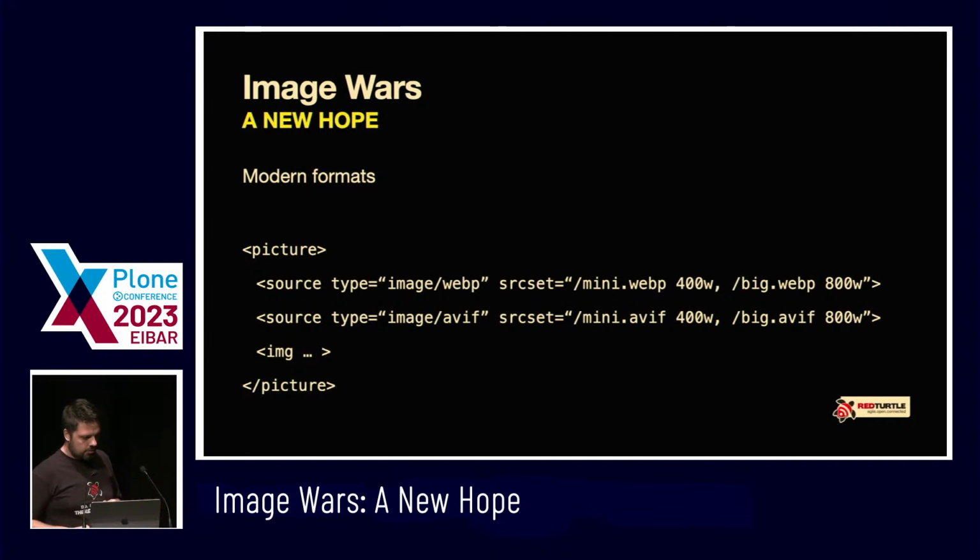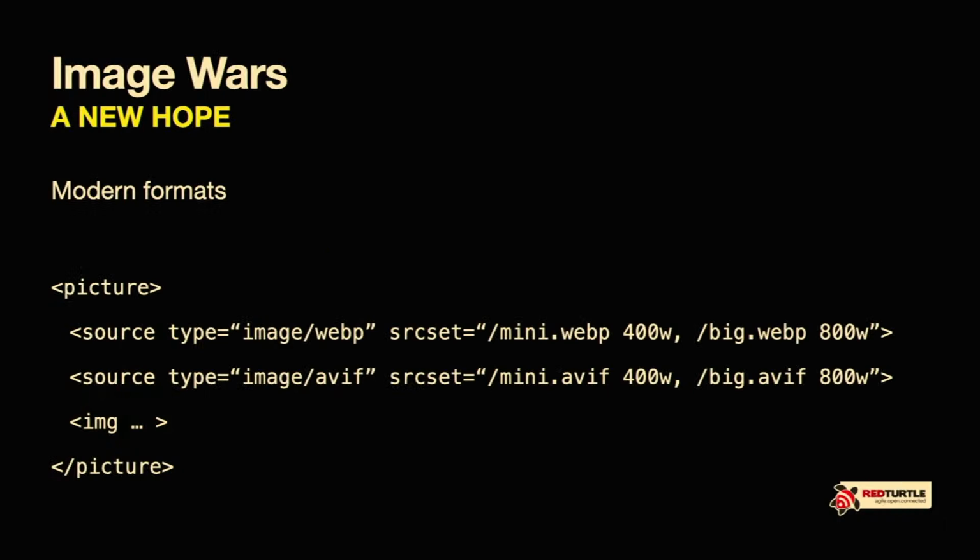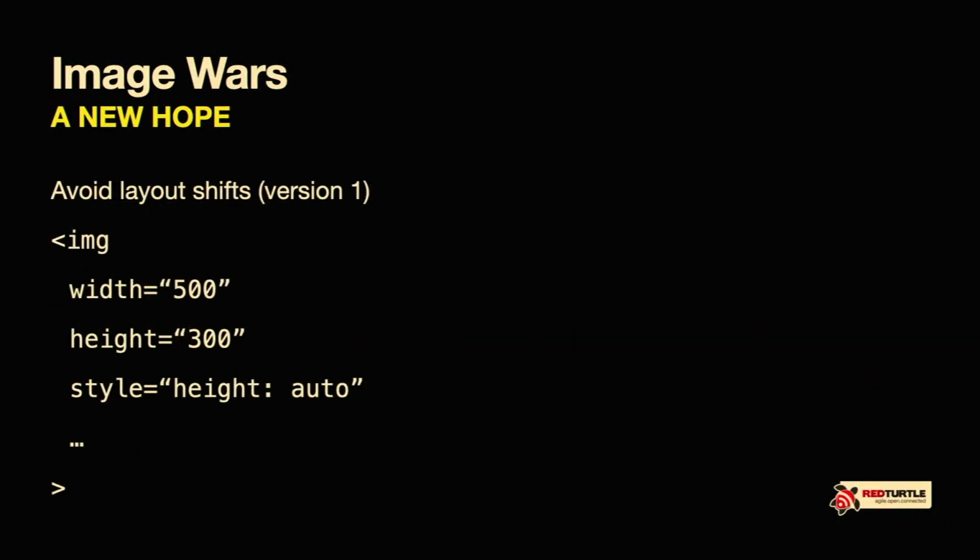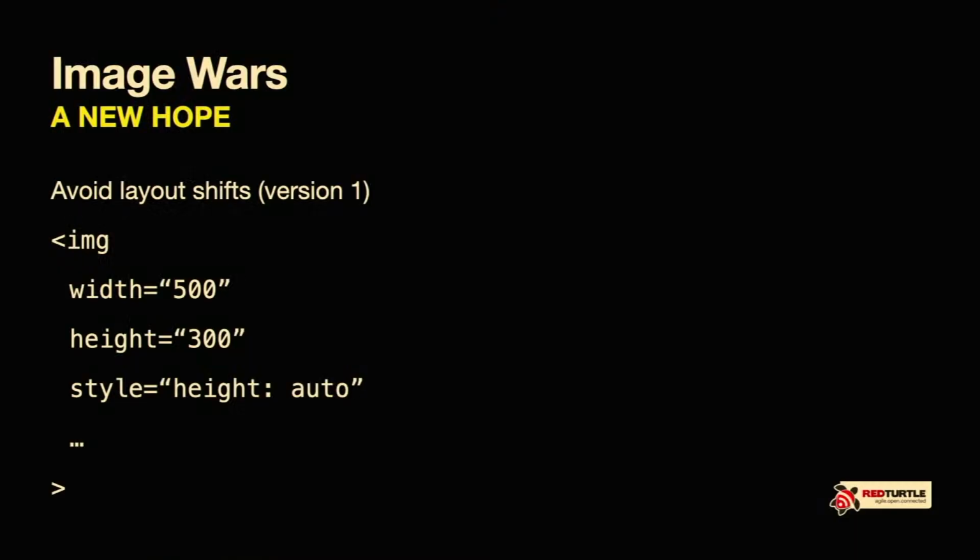Okay, one important thing to add to our tool set is one of the most basic things HTML had for images, which is width and height. This is one of the two ways that you can use, it's my preferred way, to avoid layout shifts. So what is a layout shift? It has happened to you for sure, that when you load a web page, you see some frame, you get an idea of what the page looks like while the content is being rendered or loaded, if it's images.